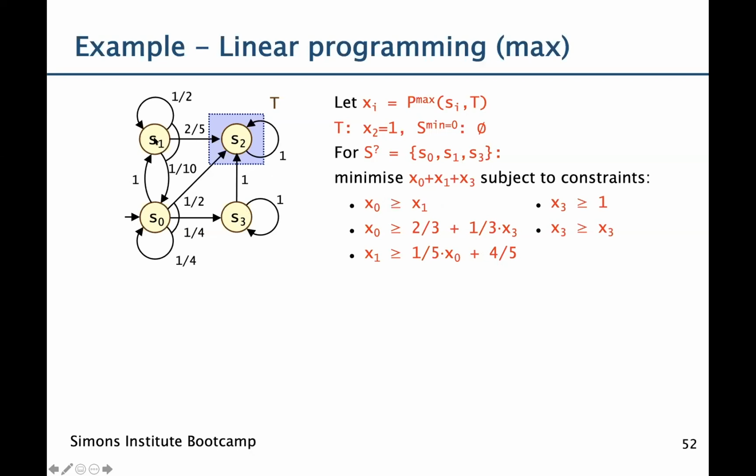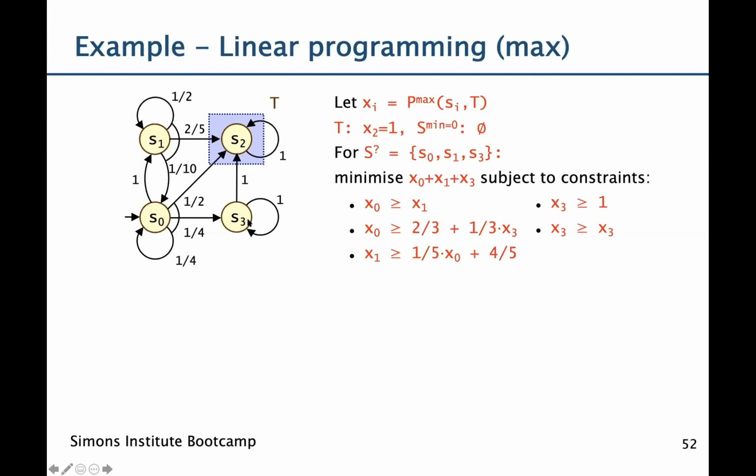So for S0, S1 and S3 we get these equations here. These three here are the same as before, but the inequalities are the other way around, and now x3 is not equal to 0, so we've also got this here.